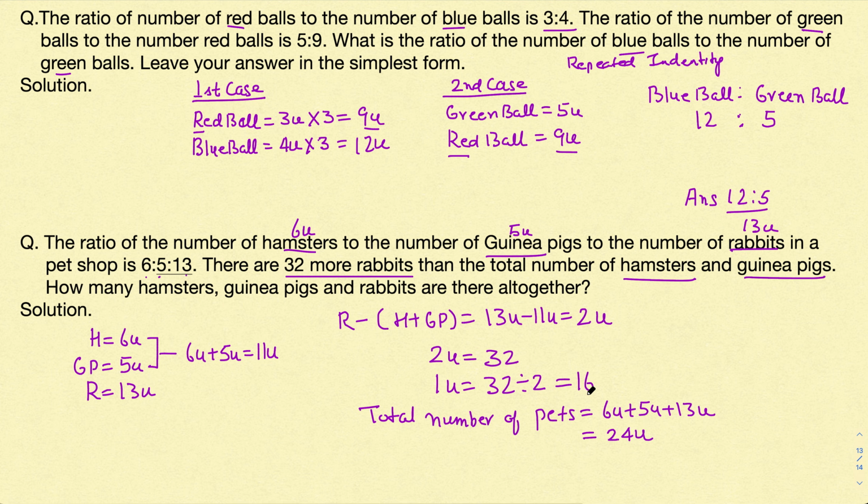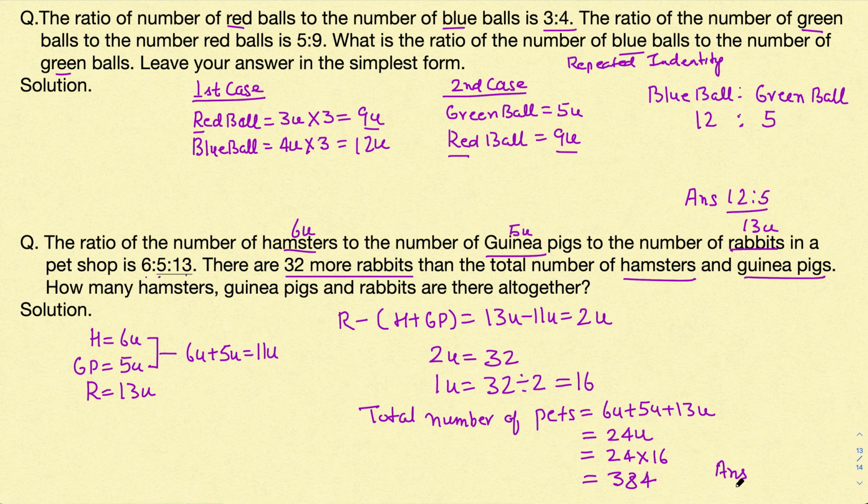Since 1 unit is 16, 24 units will be 16 times 24, and that will give you 384. So that's the total number of pets in the shop.